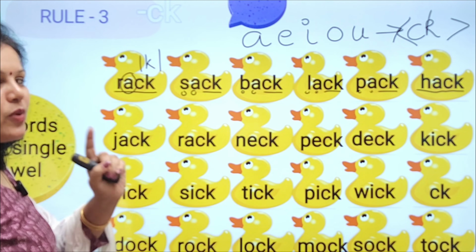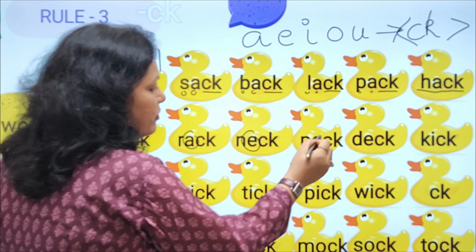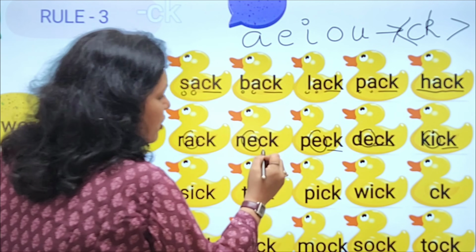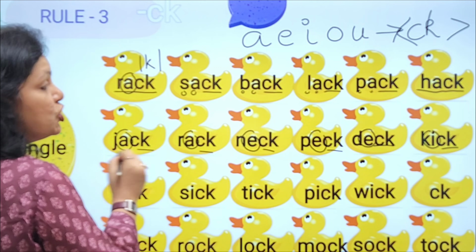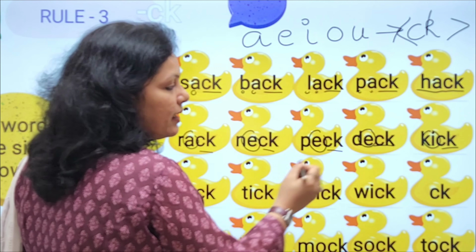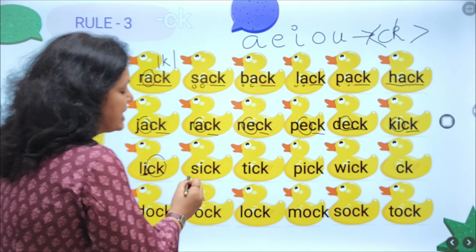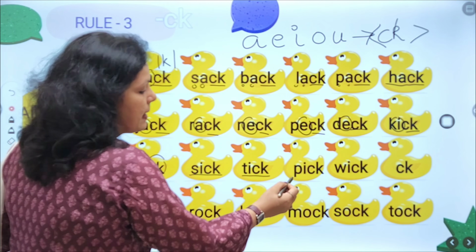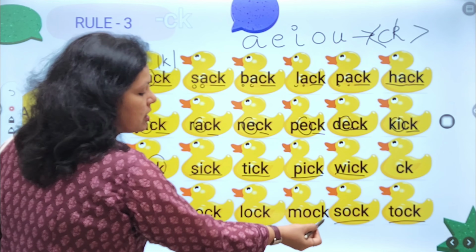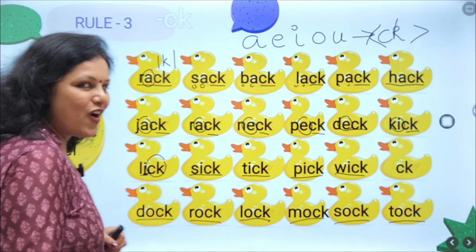So here you need to identify only one thing, that whenever you have a short vowel sound, it will always be followed by the combination of CK. So this is jack, rack, neck, peck, deck, kick. Similarly, we have words like sick, tick, pick, wick, sock, mock, lock, rock, duck.